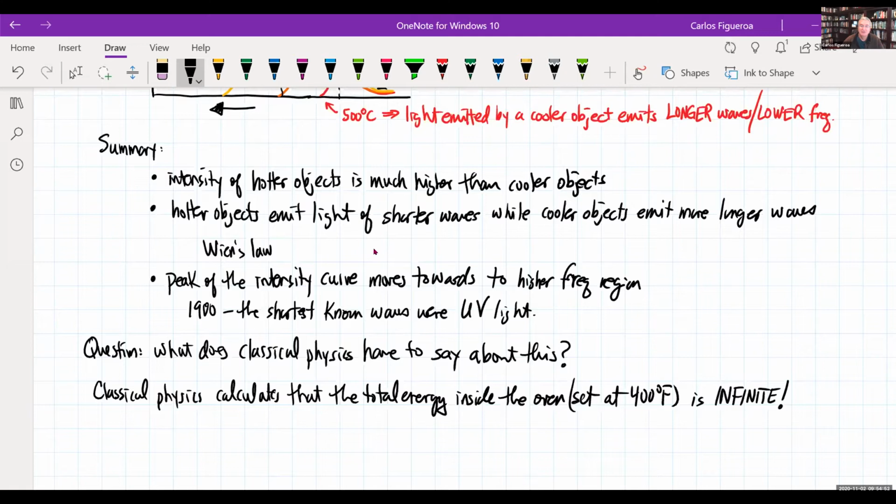PG&E just needs you to turn on the oven one time, then you owe them an infinite amount of money. But at the same time, an oven that produced an infinite amount of energy would be producing an infinite amount of radiation, which would kill every living thing in the universe. So classical physics is clearly wrong, and there's a problem.